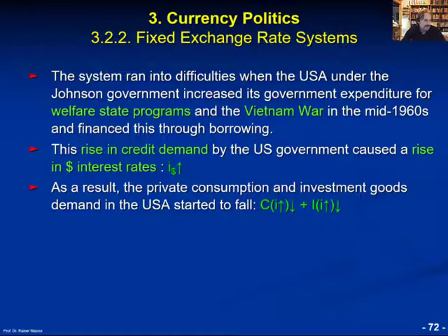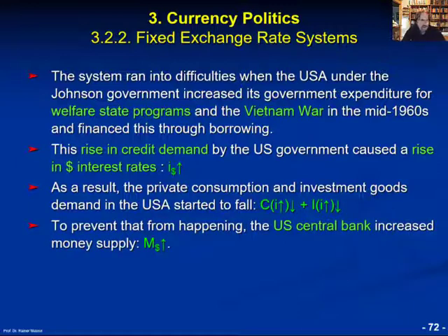As a result, private consumption and investment goods demand in the United States started to fall, since consumption demand and investment goods demand are typically negatively influenced by the interest rate. If the interest rate goes up, consumption goes down, and investment goes down also.